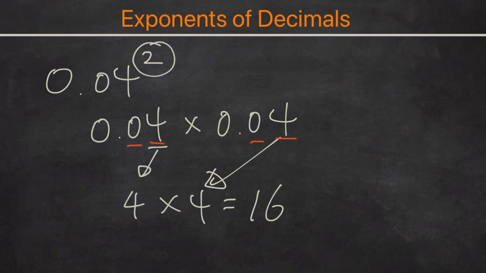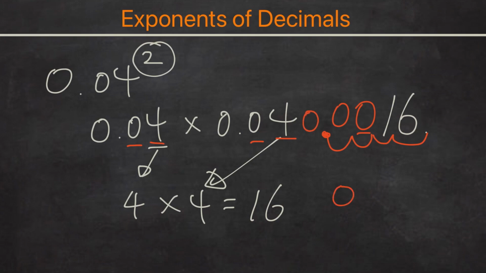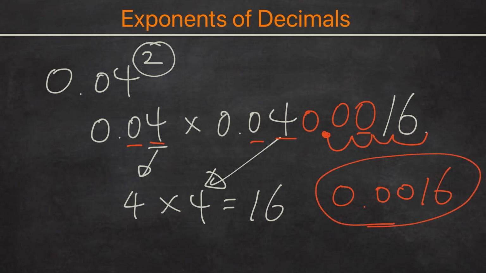So we're gonna take the 16 and move 4 spaces, 1, 2, 3, 4, fill in those gaps, decimal space. So the final answer is 0.0016. And hopefully this is the answer that you got. And if you did, you mastered this lesson.